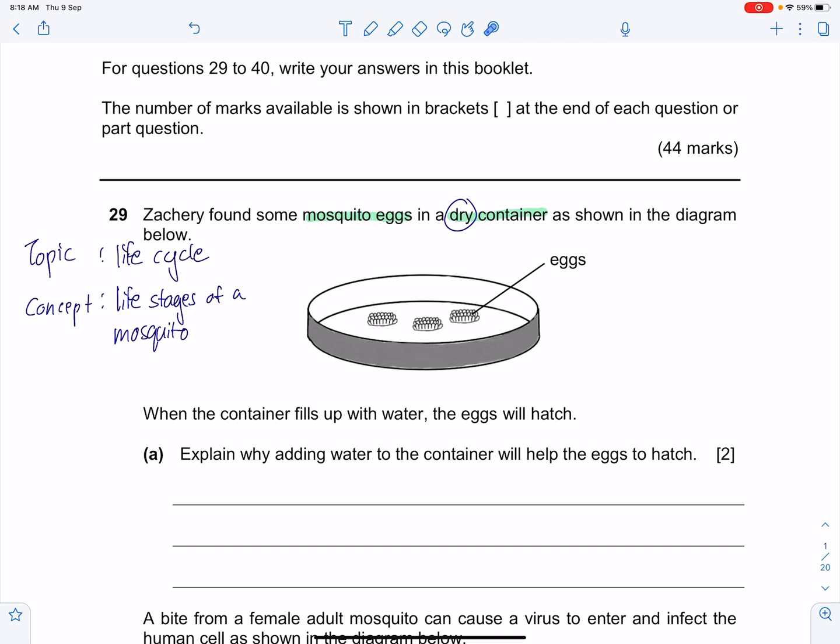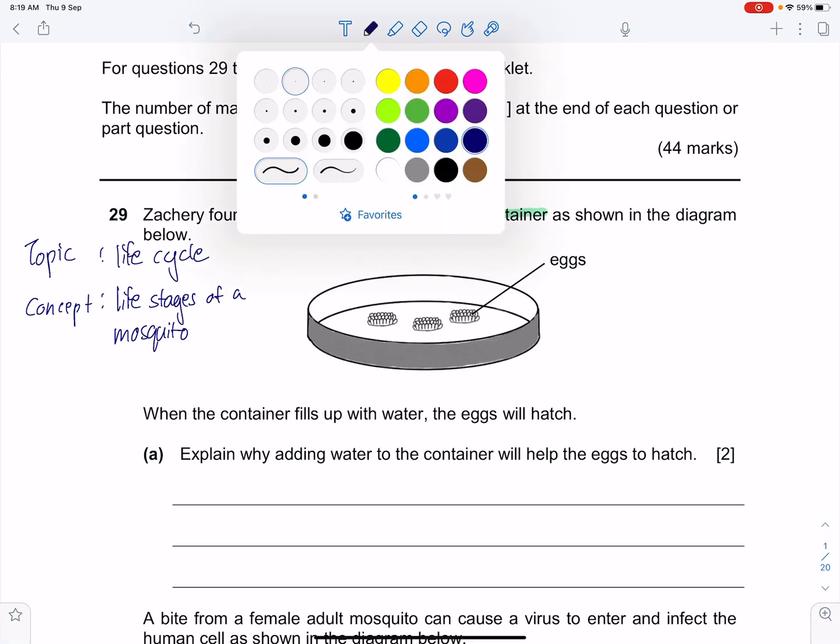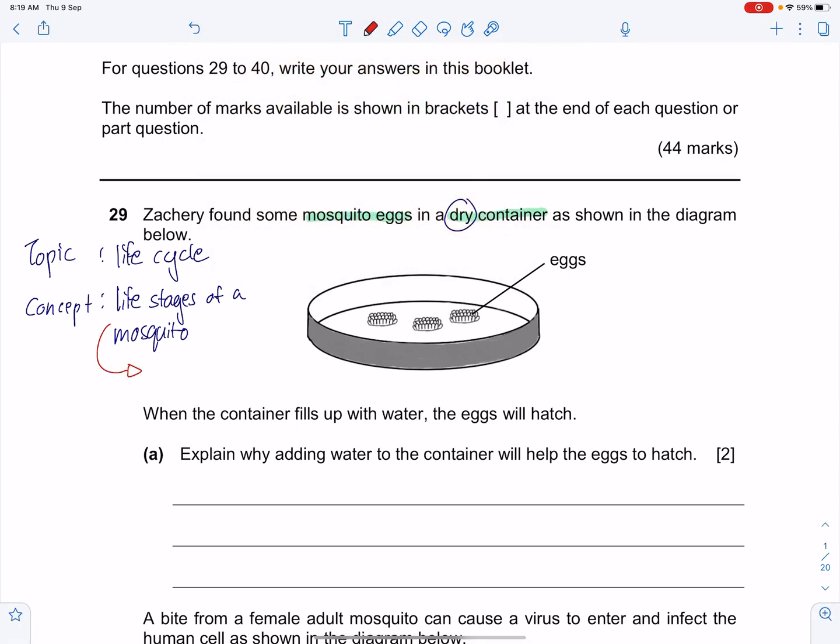And that is the pupa as well as the larva stage are actually in the water. So you know that both your larva and your pupa, these two stages, are in water. So the sensible way to craft your answer is according to this part over here.